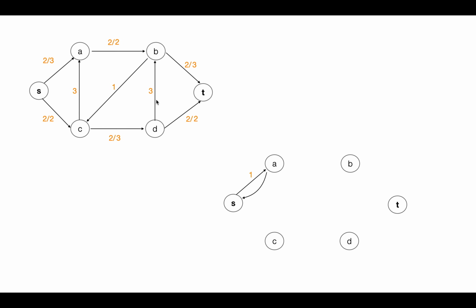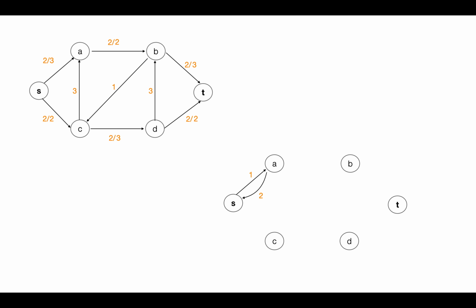So we can undo 2 units from A to S, or we can say the flow can be shrunk back from 2 to 0. This is the way we show it: 2 units back to source from A. So the residual graph comes with the concept of shrinking the flow through edges, which indeed is important.